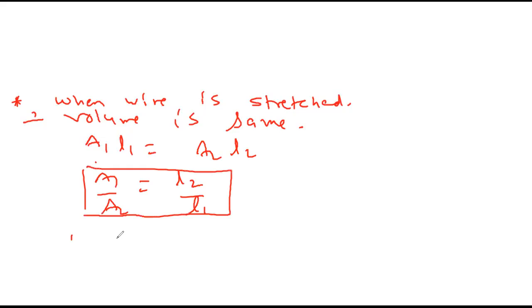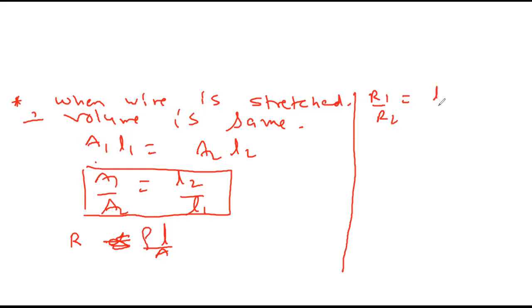Now what is R? R is rho L by A. Therefore R1 upon R2, can I say L1 upon L2 into A2 by A1? So in case both relations are given, area and length, we can use this formula. But generally, they will give only length or only area or only radius.